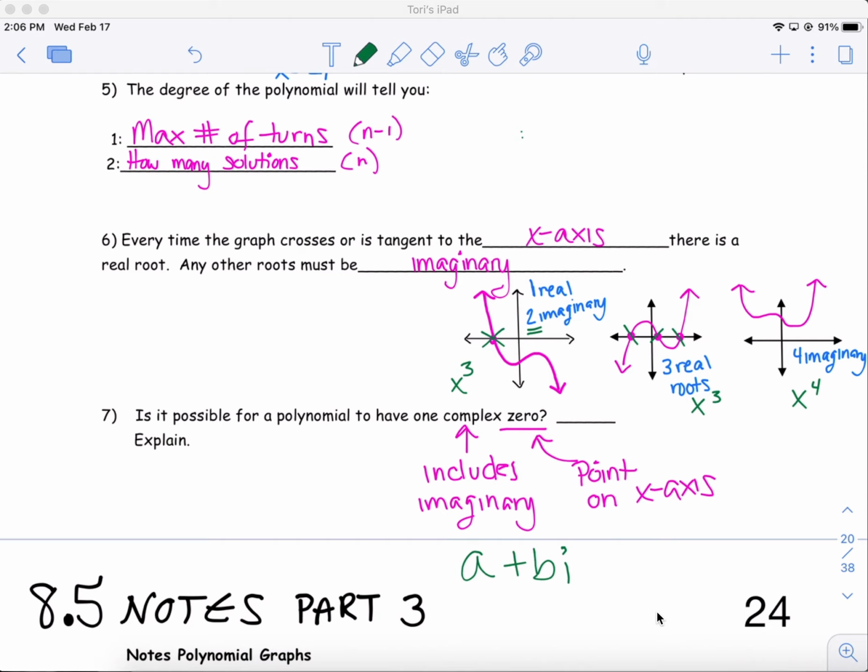So is it possible to have a complex point on the x-axis? The answer to this would be no, because there are no imaginary numbers on the x-axis. So you might have complex solutions, but you can't have a complex 0 because it wouldn't be on the x-axis then.